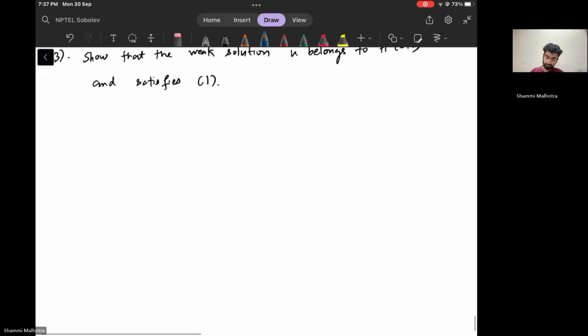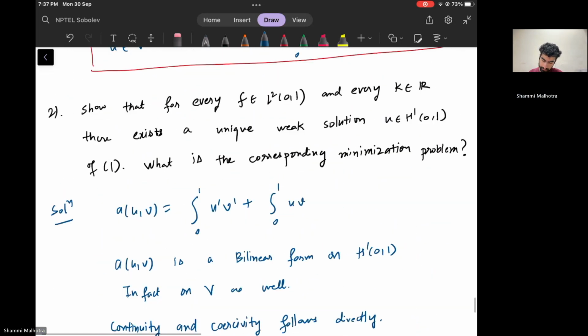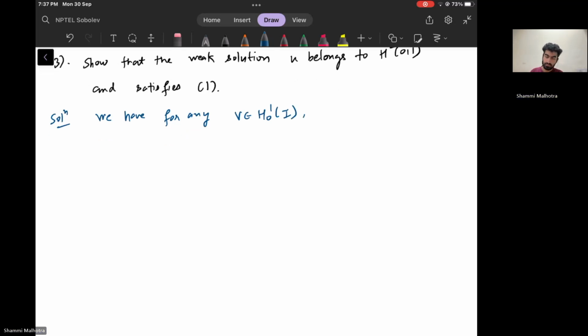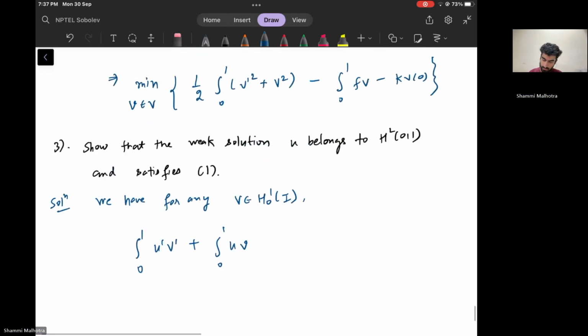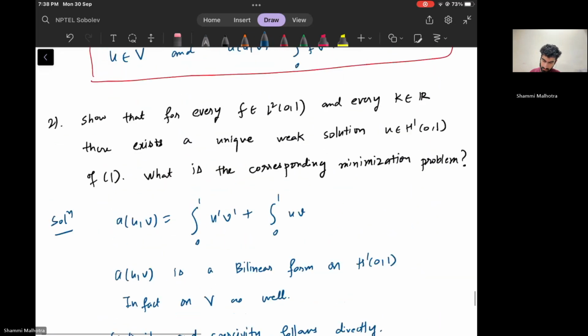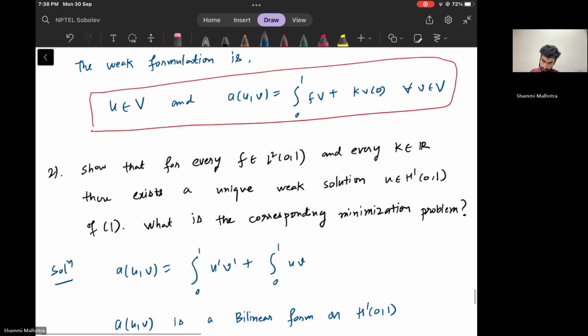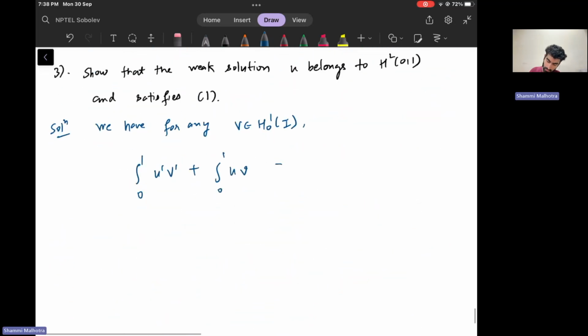Since we have this thing here, we have for any v in H^1_0(0,1), integration 0 to 1 u' v' plus integration 0 to 1 uv equal to integration 0 to 1 fv.